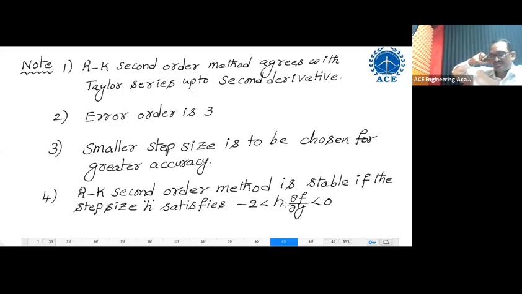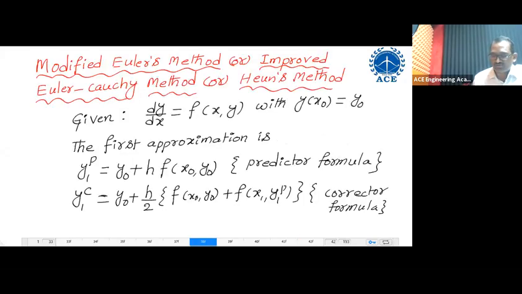That means if you are asked to solve a problem using modified Euler's method, you can still solve it using second order RK method, because if you simplify the modified Euler's method formulas, they convert to second order RK method only.